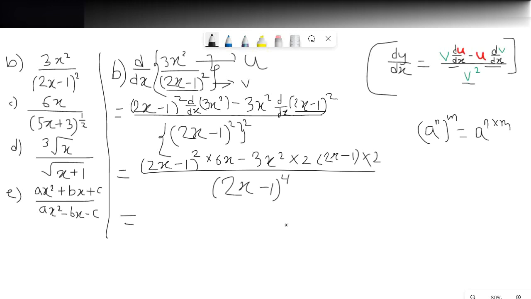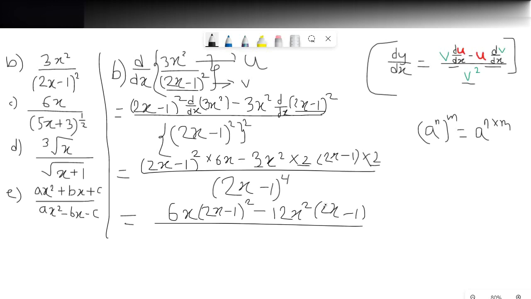and finally we get 6x times 2x minus 1 whole square subtracted with 3 into 2 is 6 and 6 into 2 is 12, so 12x squared multiplied with 2x minus 1, the whole divided by 2x minus 1 whole to the power 4.